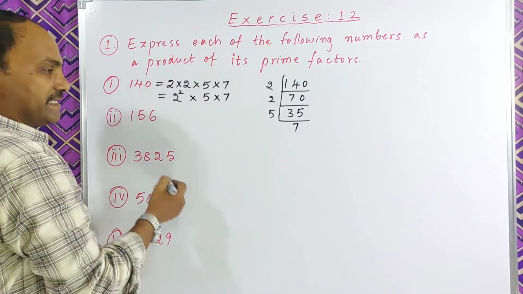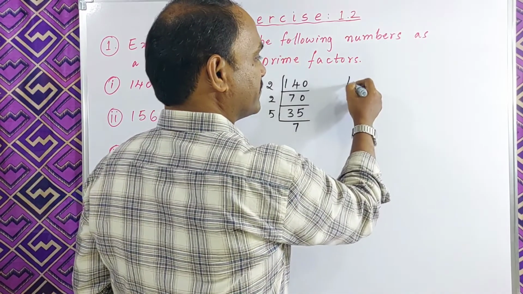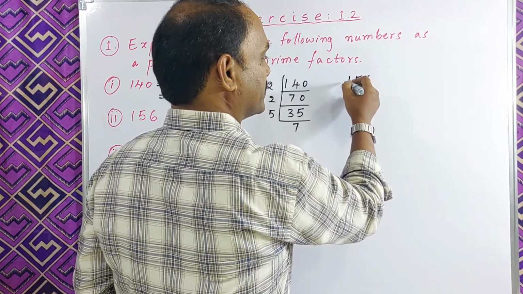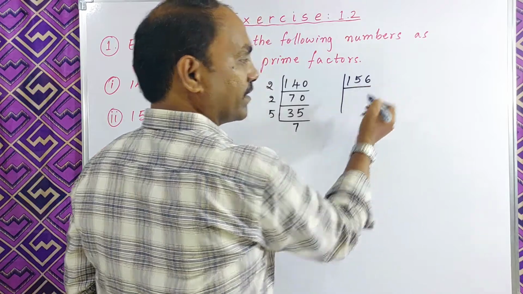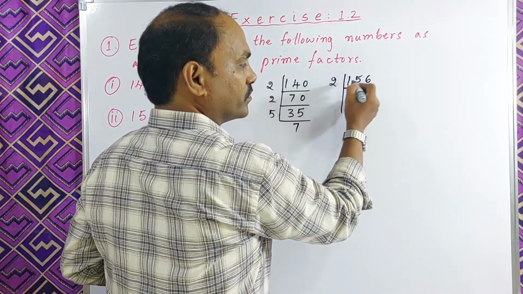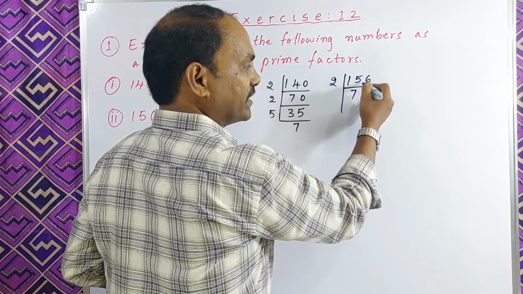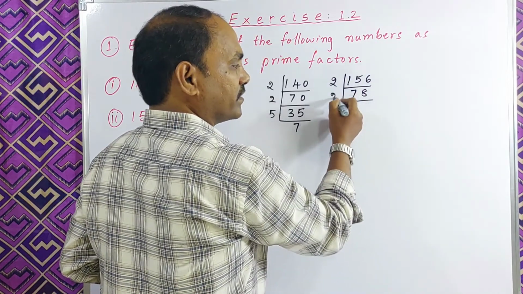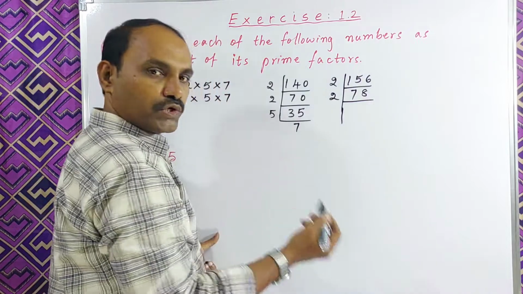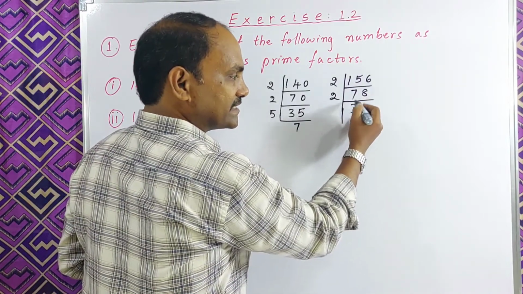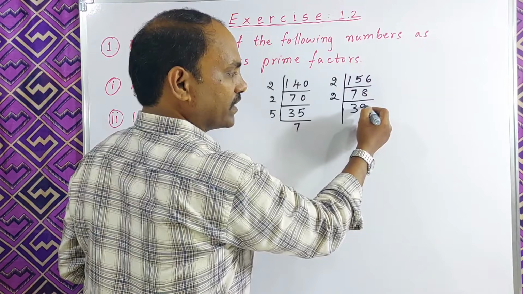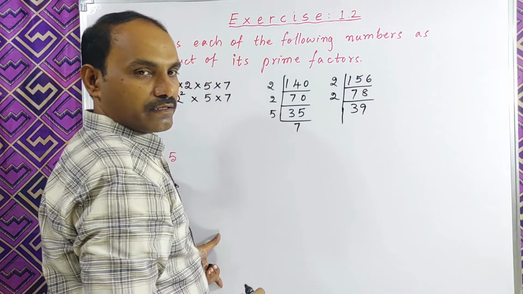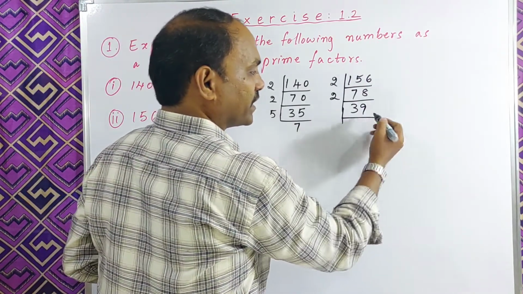Now 156. Let us divide 156. This one is also an even number, so divide with 2. 2 sevens are 14, 1 is there, 2 eights are 16. Again an even number, so divide with 2 only. 2 threes are 6, 1 is there, 2 nines are 18. Now here 39.